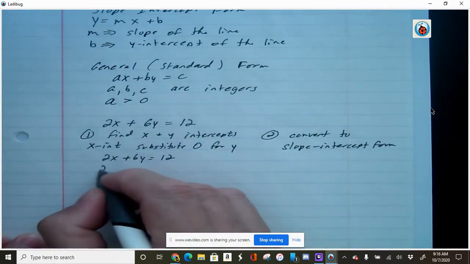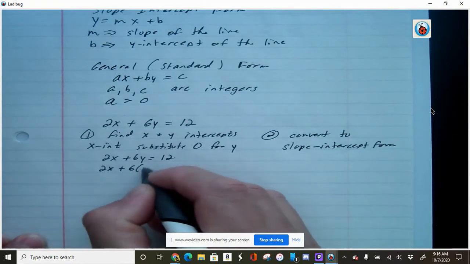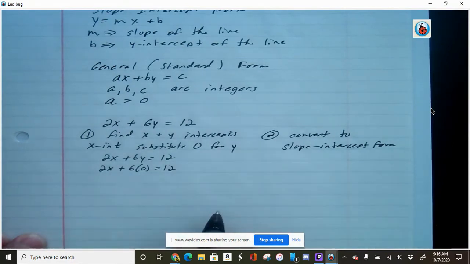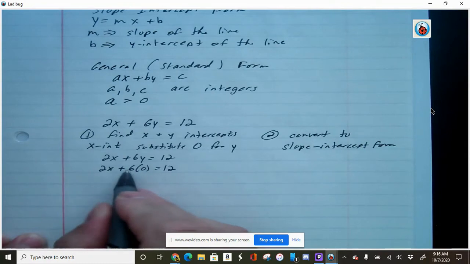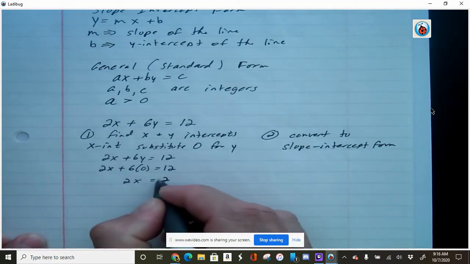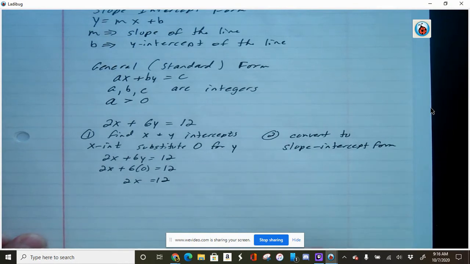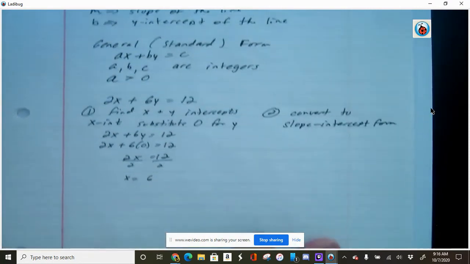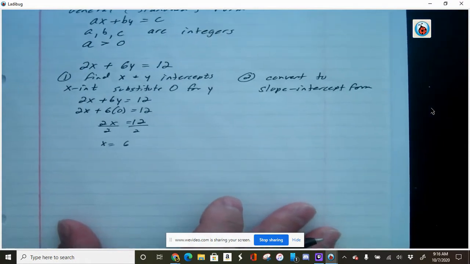Let's substitute a 0 in place of the y. We know 6 times 0 is 0. 0 plus whatever is going to be whatever. So 2x is equal to 12, because 2x plus 0 is equal to 2x. Then we'll divide by 2, and I get x equals 6. That's not bad. That is a good number to find on your x-intercept.